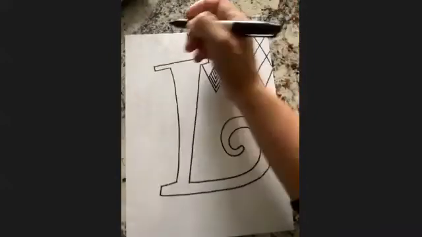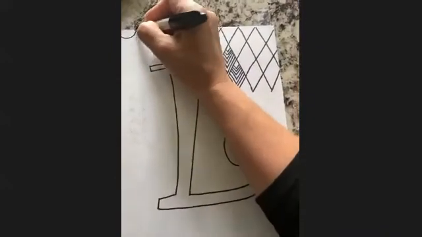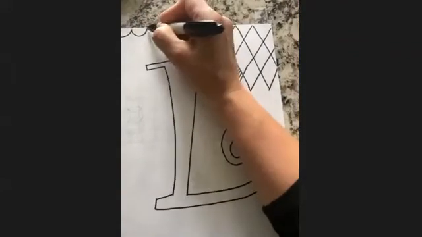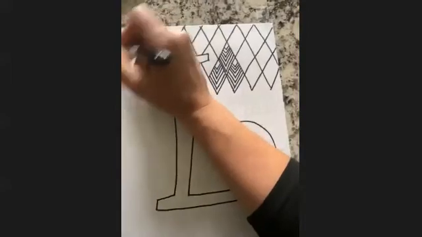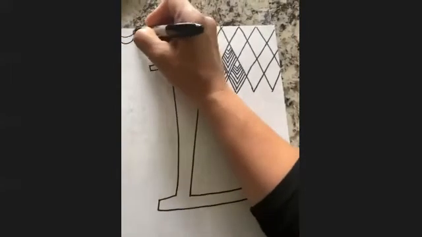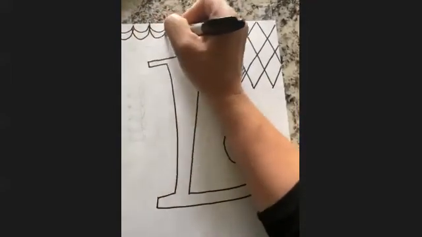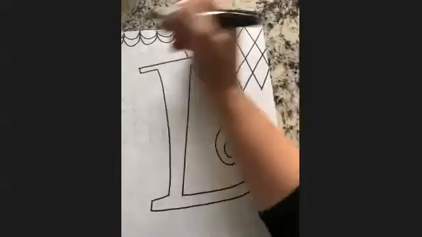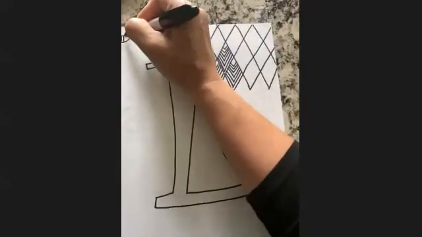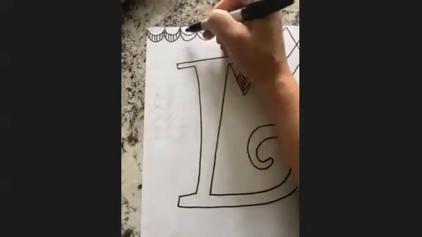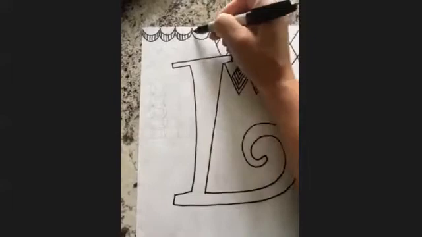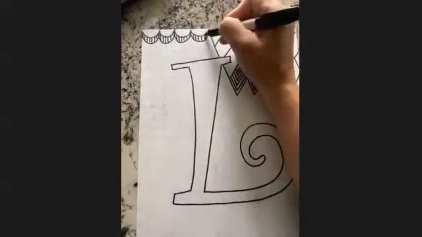So over here, I made like a little loop or a scallop, whatever you want to call it. And then I made a bigger one down here. Kind of like joins it at the top. And then again, to make a little more patterns, you can just make little lines to make it look like a pattern.